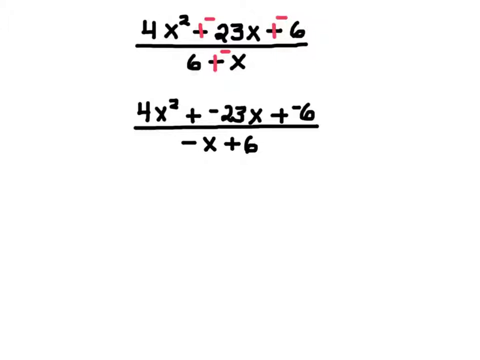If I use the factoring that we've already learned, which is to split the middle term and factor by grouping, I will find that the numerator is equal to 4x plus 1 times x minus 6.